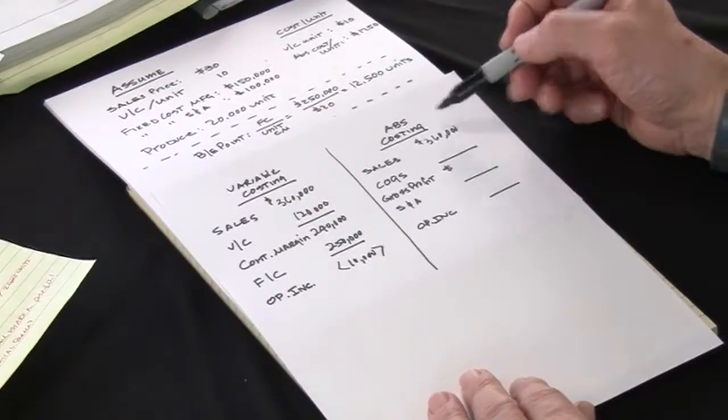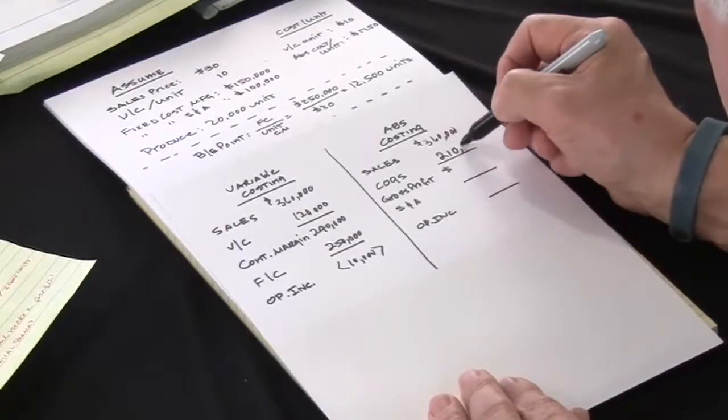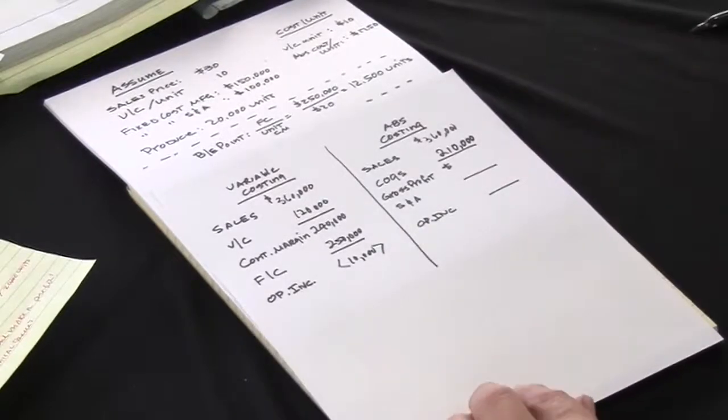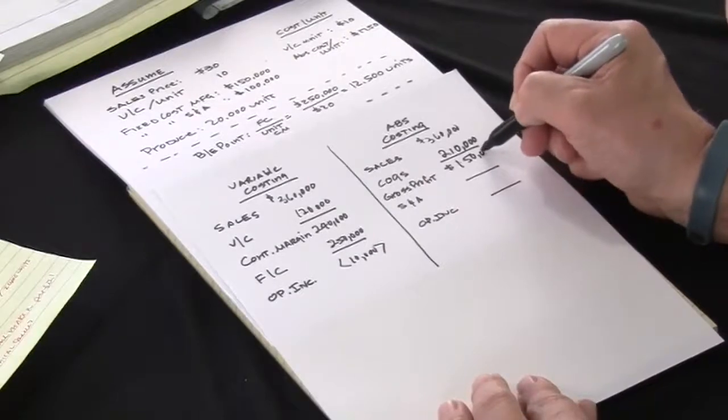Under absorption costing, as I said, the sales are $360,000. Cost of goods sold, however, is going to be those same 12,000 units times the $17.50 fully absorbed cost, which, if my math is correct, is $210,000, yielding us a gross profit of $150,000.